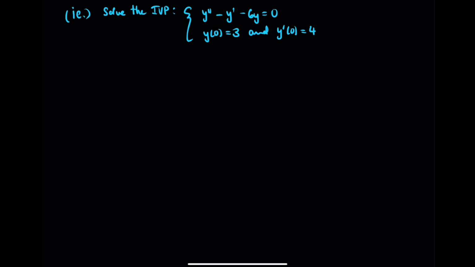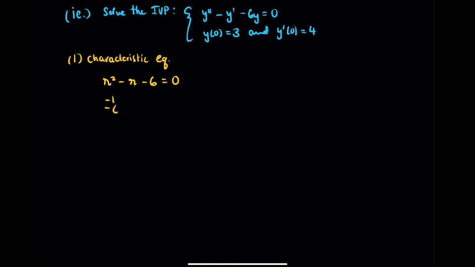So first thing we've got to do is develop the characteristic equation. Please go ahead, pause this, try it on your own, come back. Okay, I'm hoping you paused it. All right, so the characteristic equation would be r squared minus r minus 6 equals 0.